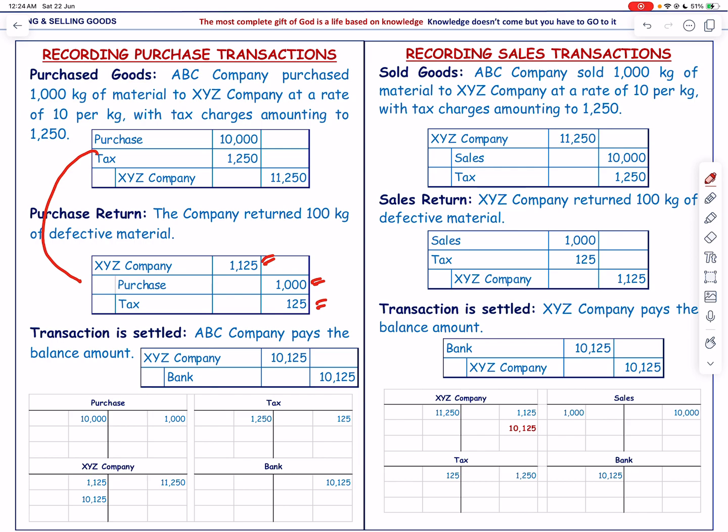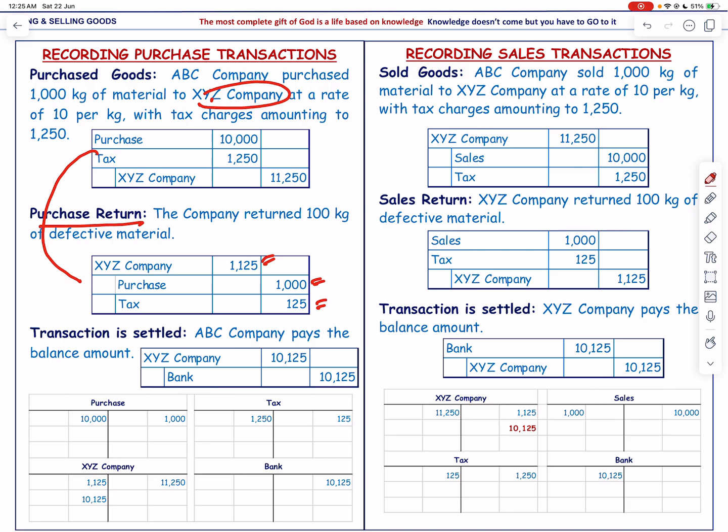An intriguing consideration arises regarding whether a debit note or a credit note should be issued for the purchase return. It's crucial to remember that the primary responsibility for issuing a debit or credit note rests with the seller. So XYZ company, who initially issued the sales voucher, therefore it is the XYZ company that will issue a credit note rather than the debit note over here in this case.